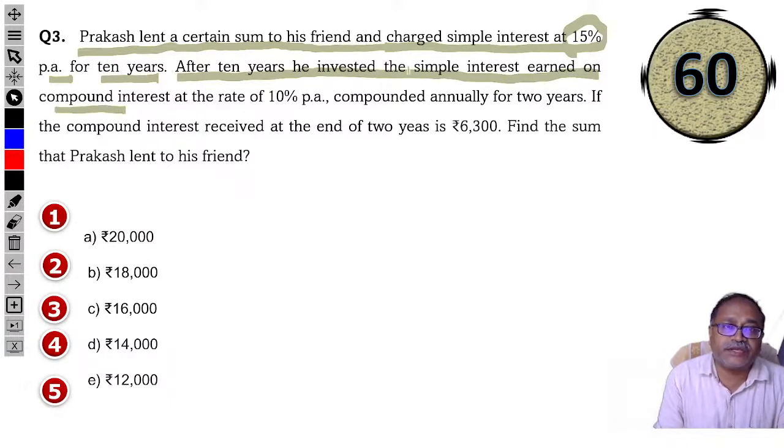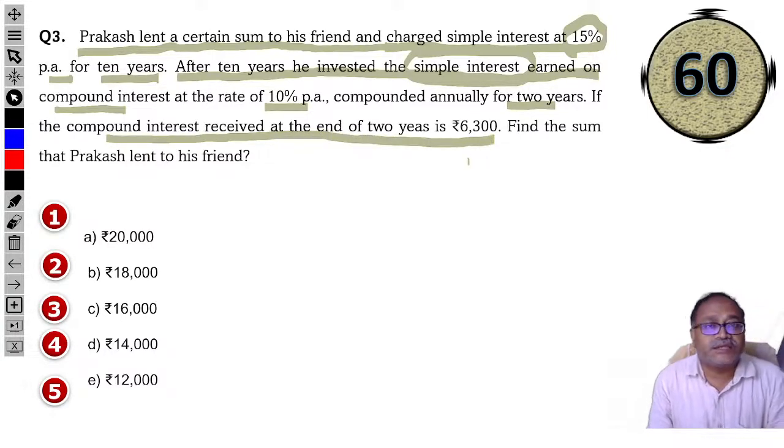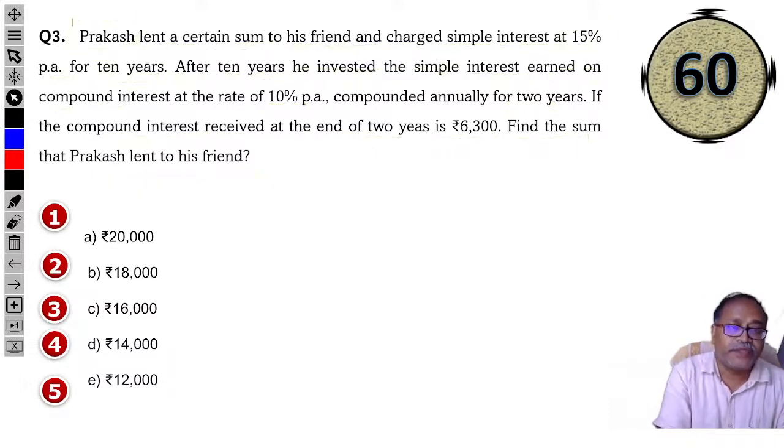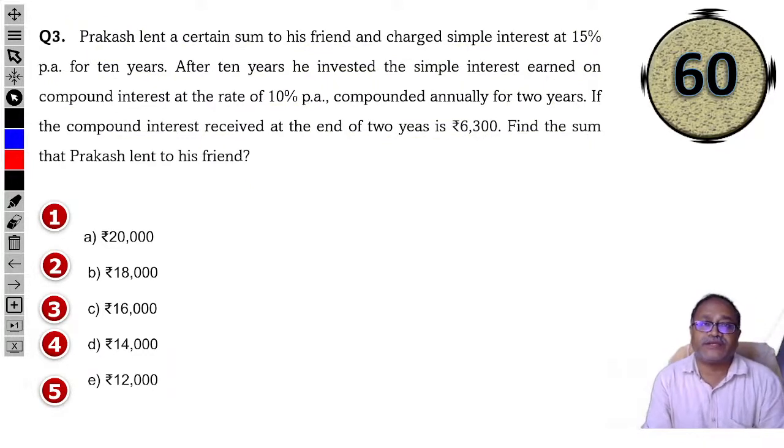He is investing the simple interest, not the whole money. Whatever interest he earned, he invested in compound interest at the rate of 10% per annum, for 2 years. If the compound interest received at the end of the 2 years is 6,300, then find the sum Prakash lent to his friend. Your time starts now, my friends.